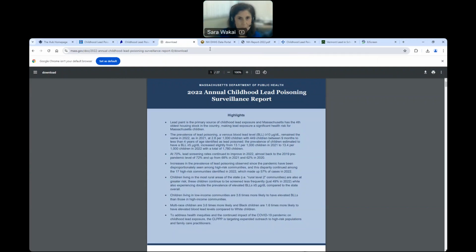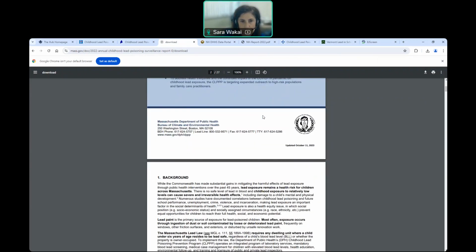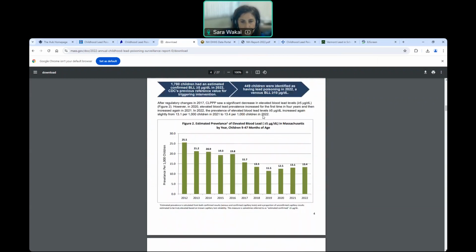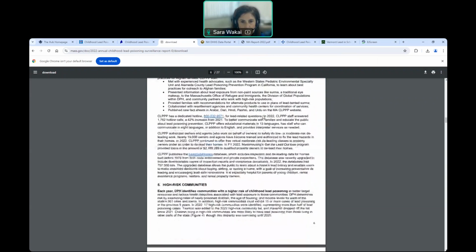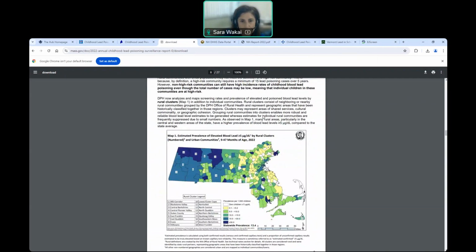And so now we're moving on to Massachusetts. This site provides annual reports, and you can scroll down. This offers a lot of valuable information, but if you scroll down, I just wanted to show you the appendices. It's a nice map.